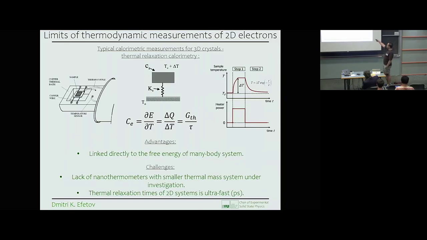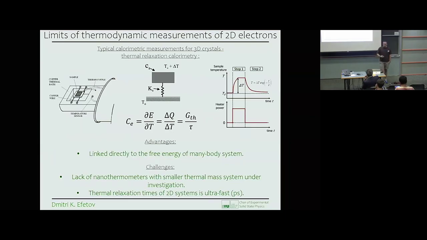So the idea is that we have the crystal, with a heat capacity, and a very weak link that isolates it thermally from the environment. We conduct thermal relaxation calorimetry, meaning we apply a heating pulse to the material, record its temperature, and look at the thermal relaxation time, which by this formula gives us the internal heat capacity of the material.